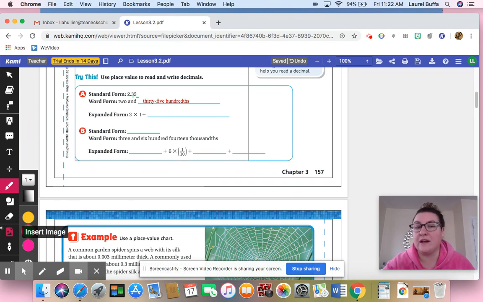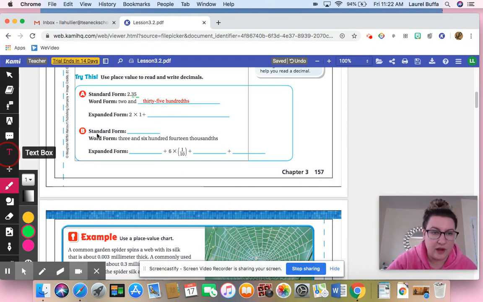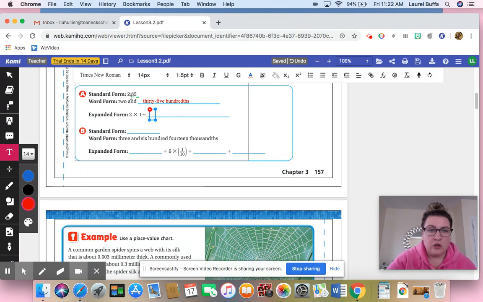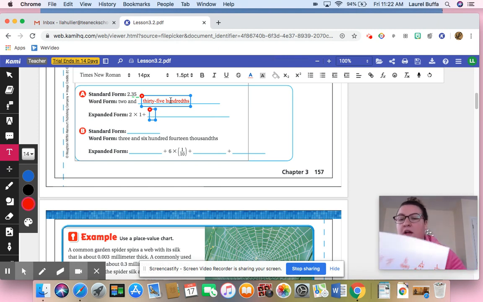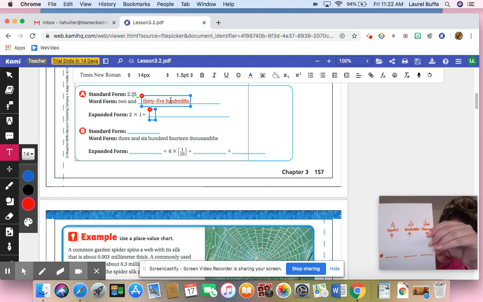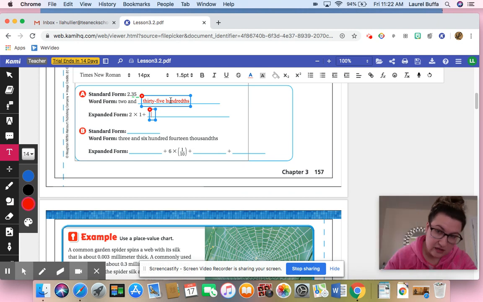Now for our expanded form, we're going to write how we would represent these numbers. So 2 times 1 represents the 2 because it's in the ones place. Now the 3, we said 1 place to the right of the decimal point represents the tenths.